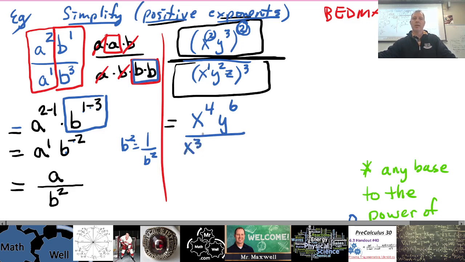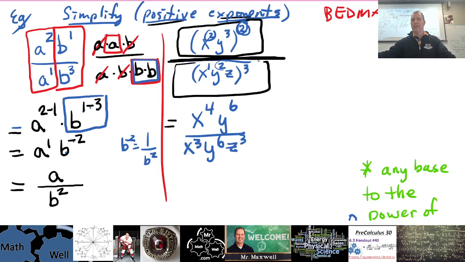And this one is y to the 2 times 3, so that's y to the 6. And we have z to the power of 3. Okay, so we're doing the power to the power thing separately in the numerator and denominator. Good with that? That's how you do that first.